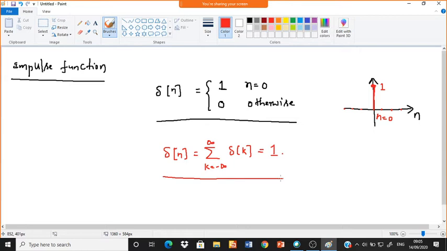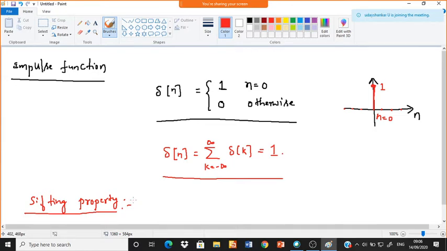And one more important property of this impulse function is the shifting property. So what is this shifting property?